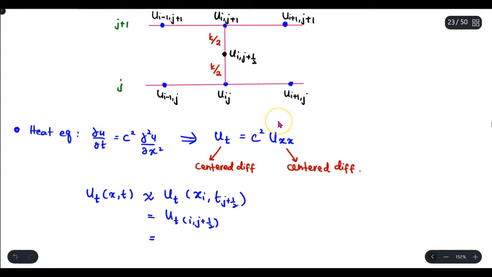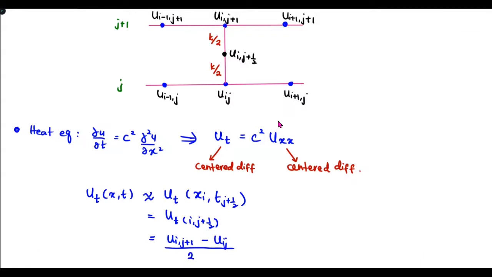So at the top you have u_i^(j+1) minus the backward node, which is u_i^j, over 2 times the step size. Because you are at j plus half, the step size is k over 2, it is not k.